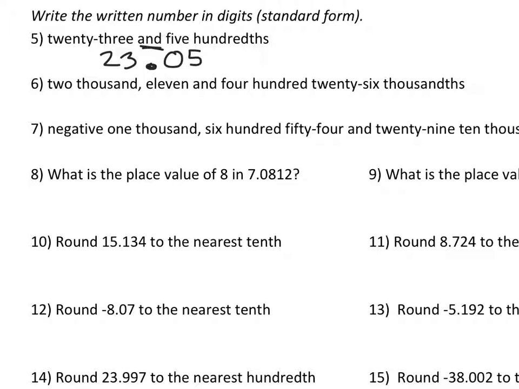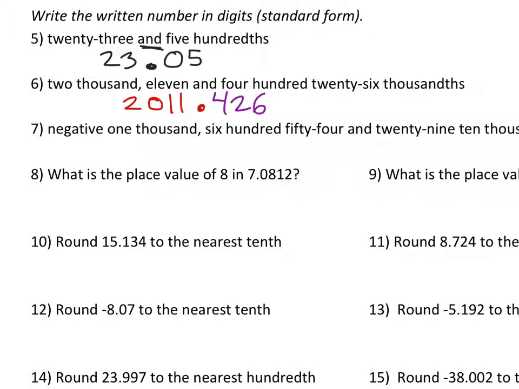The next one, 2,000, 11, and 426 thousandths. So the and again, that's where our decimal will be. We've got 2,000 and 11, so there's 11. There's no hundreds, but there's 2,000s. And then we've got 426 thousandths. So we'll just write that out, 426.